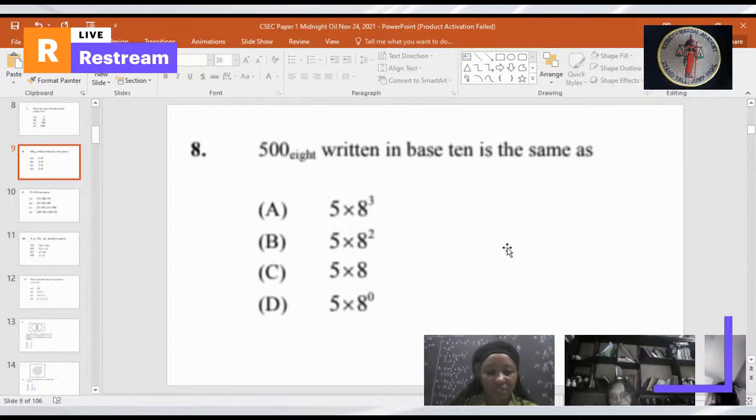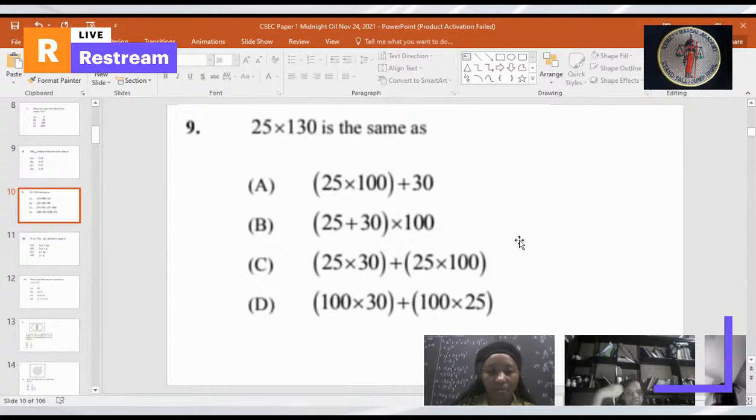Because it's 3 digits. So we start with 8 to the power of 0, then 8 to the power of 1, then 8 to the power of 2. So the 5 would fall under 8 to the power of 2. So that would be B.